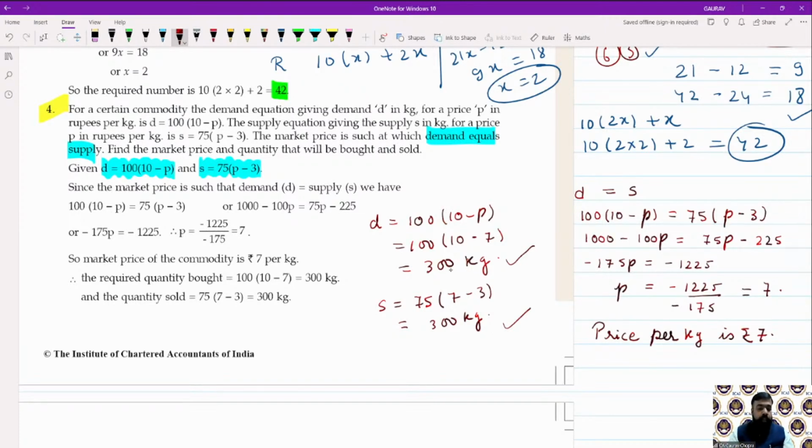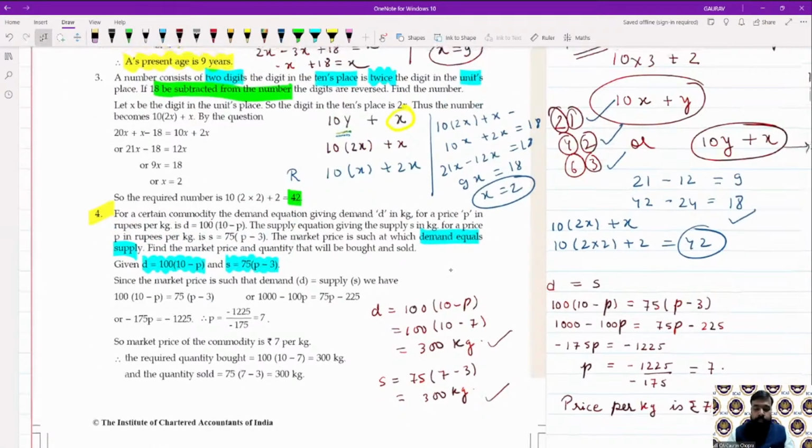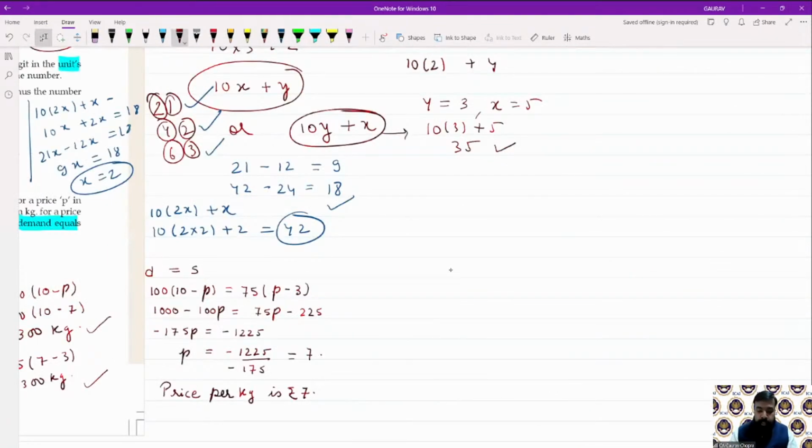Then there is a demand for question number 3 to be repeated. So let us repeat. This time we will be solving completely using options, so that will be an easy way for understanding. The first option is 21. The second option is, let's say, 84. The third option is 42.